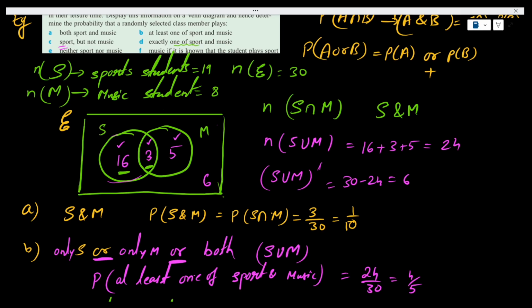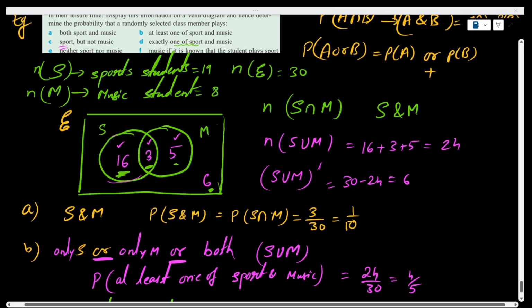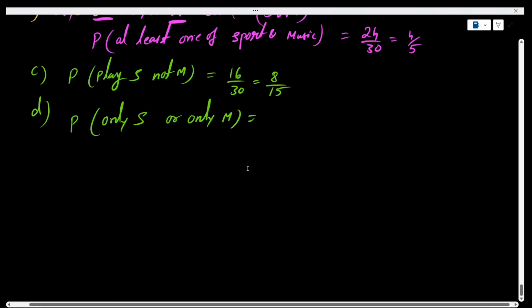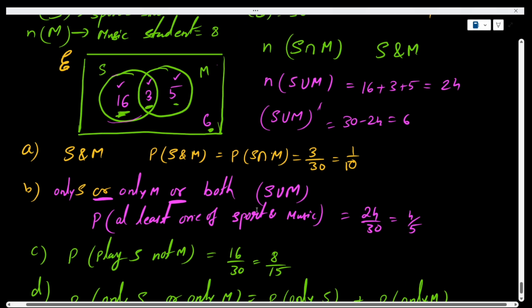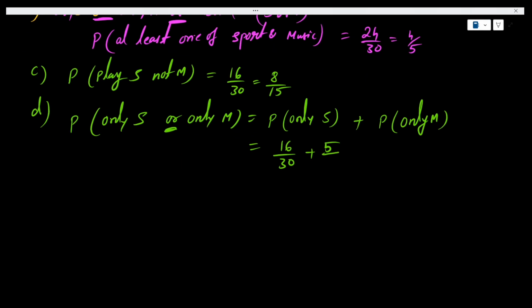So we are not going to consider the students who are part of both, but any one, it is going to be 16 or 5. So you are going to add the probabilities here. I can add the probability of only sports, because there is an "or" rule, so you need to add it, and the probability of only music. Only sport was 16 by 30 plus only music, 5 by 30, which is 21 by 30, which is 7 by 10, which is 0.7.